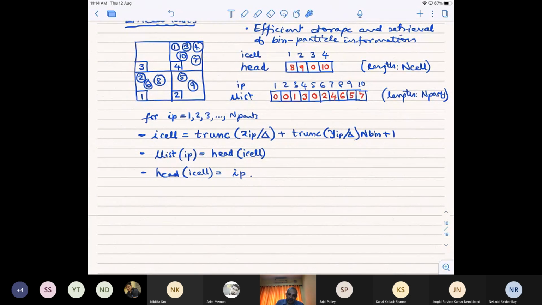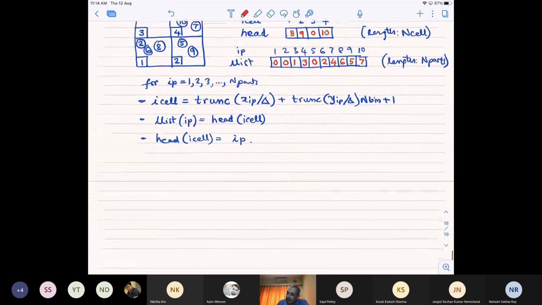Now, since we went from 1 onwards, the last particle to be put into the bin was particle 8. That's why it's coming here. The last particle over here was 9, so that's why it's coming here. And the last particle to be put in here was 10, so that's why it's there. So this is how you will fill these. So this storage is fine.